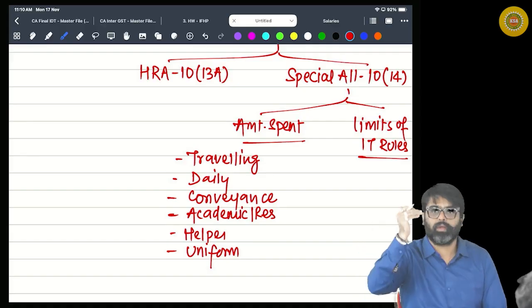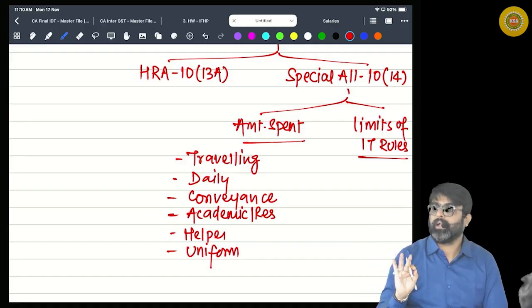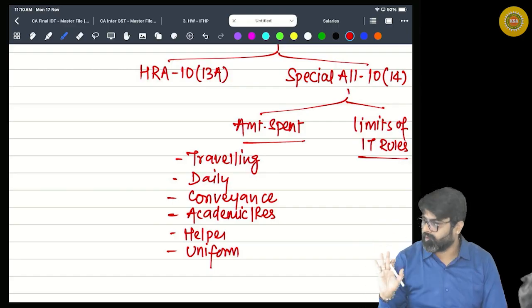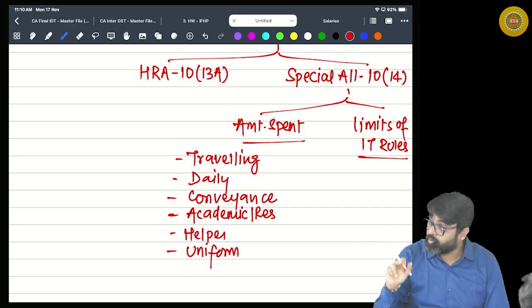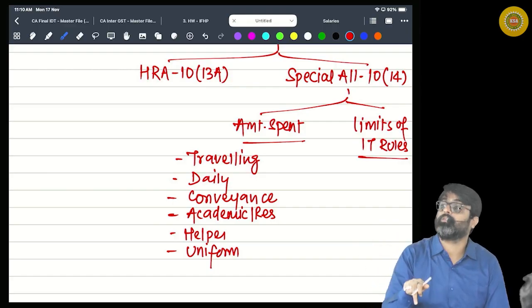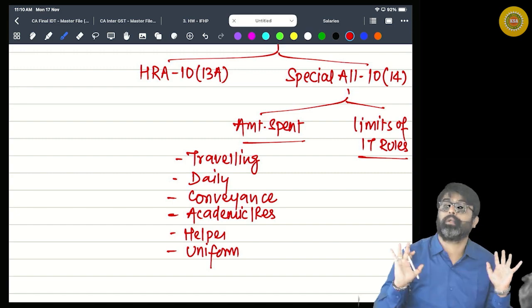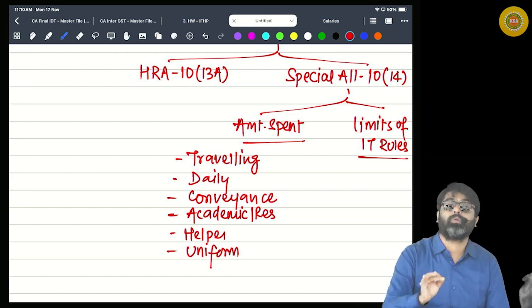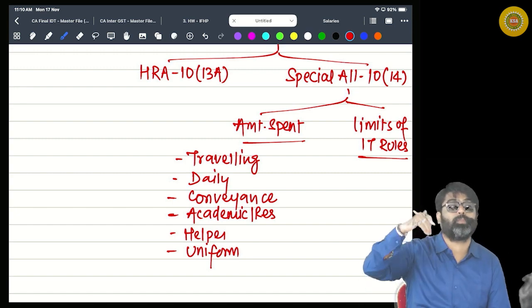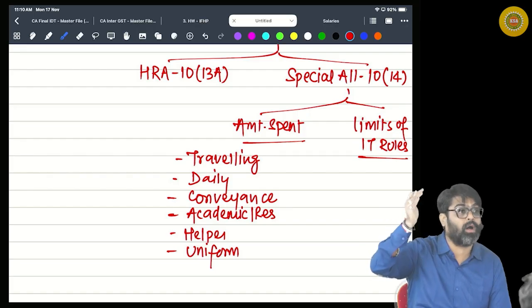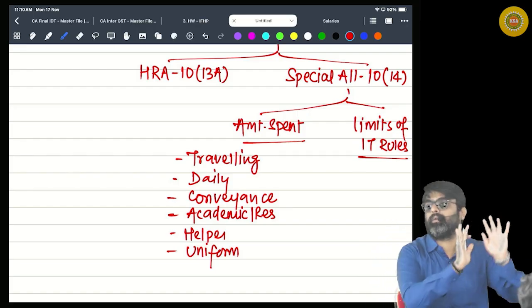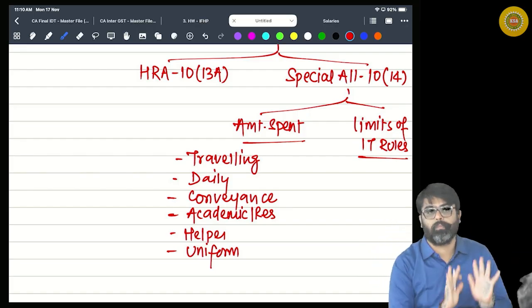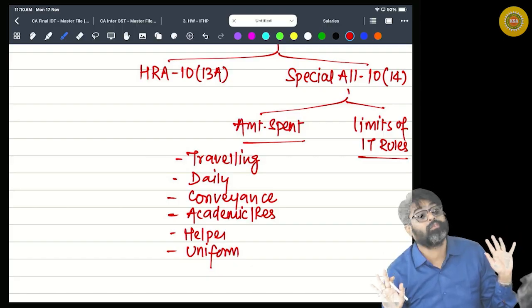And then we are going to give a small note that in the absence of any specific information regarding the amount spent out of the conveyance allowance, we have assumed that the entire amount of conveyance allowance is spent for the purpose for which it was given, and hence we have taken the full amount as exempt. Yes or no?